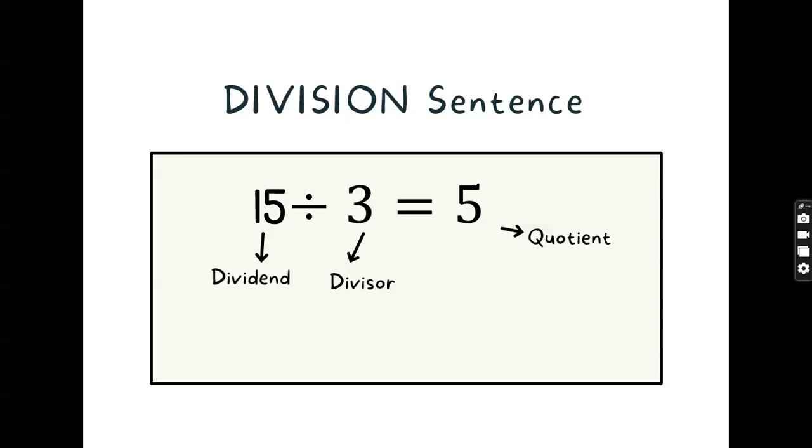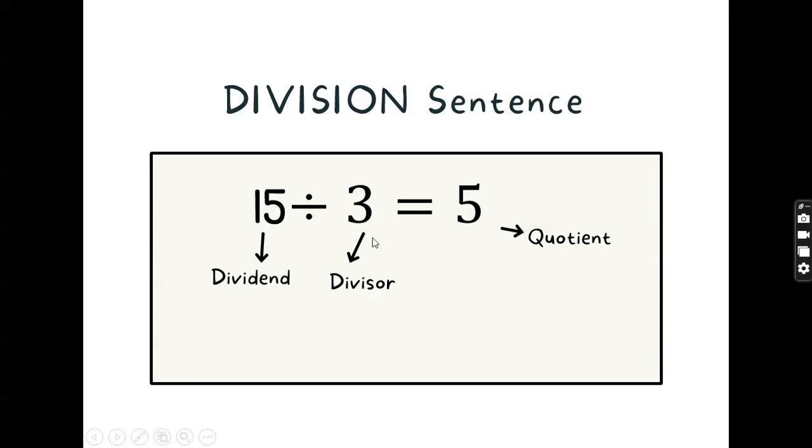Here, it will never be less than the divisor. So remember, this number here, we can see it greater than or equal to the divisor, but we will never see it less than the divisor. We will never see it smaller than the divisor.